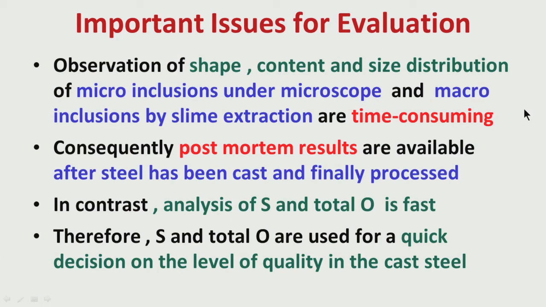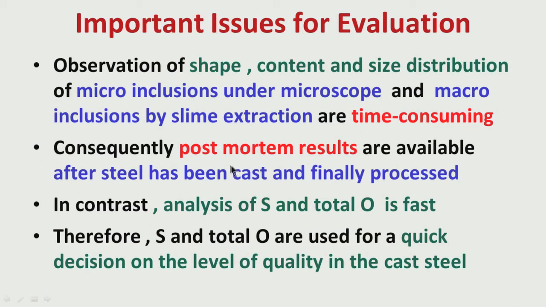We have taken the samples, polished the samples, put them in the microscope, and maybe we have to look at 100 different surfaces to get a realistic, statistical view. Electrolysis for macro inclusions by the slime extraction technique takes a lot of time. So, all these techniques are useful, but they are time consuming.